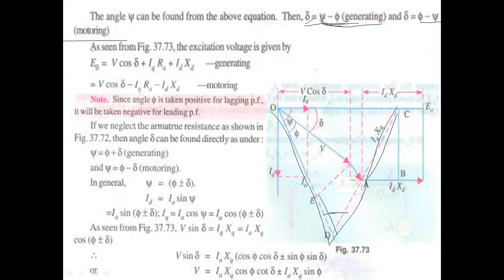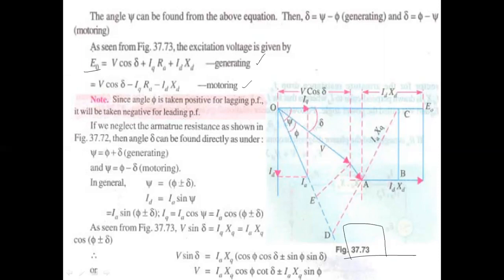Okay. So from figure 37.73, by neglecting the armature resistance, we can write these two formulas for E naught.